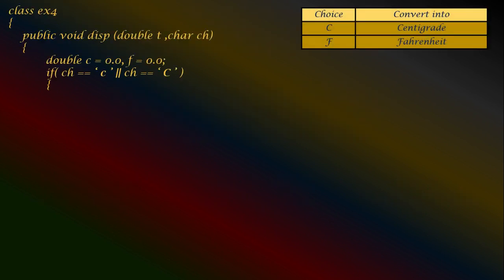So we have taken a temperature and also a choice. One thing to note here is that the choice is C and F, so it is a character type value. That's why we have utilized the character data type.